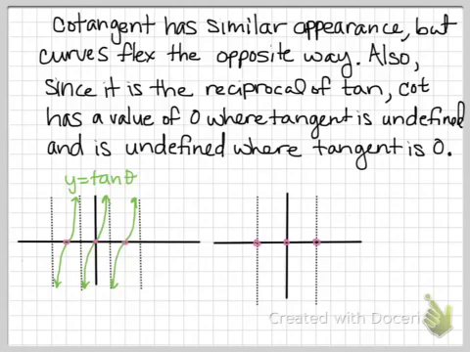So we have asymptotes here and here and here and here, and that is going to tell you where your zeros are. Instead of going up to the right, we're going to be going up to the left and down to the right, and that's going to be your value of cotangent.